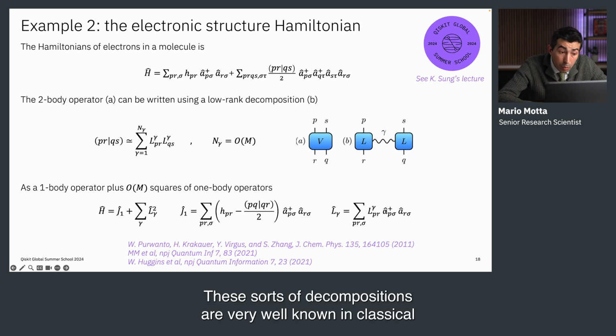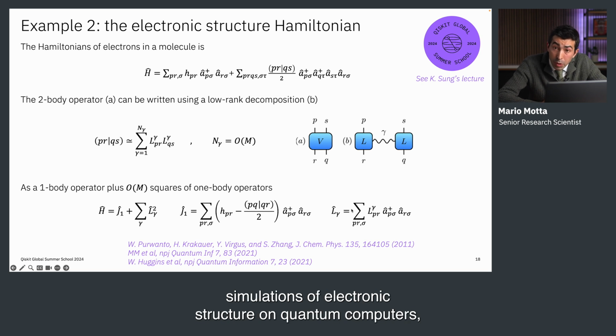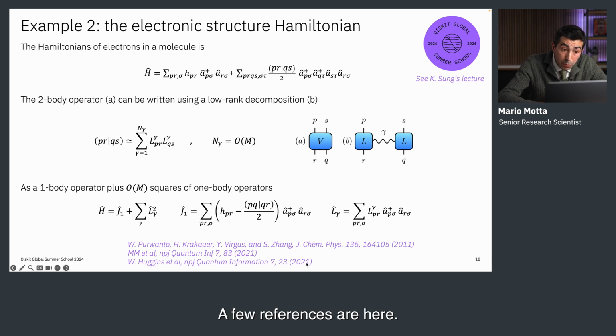These sorts of decompositions are very well known in classical electronic structure, and they have been used to obtain lower scaling simulations of electronic structure on quantum computers, but also to obtain efficient and noise-resilient measurements. A few references are here.